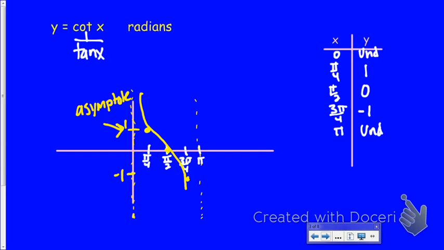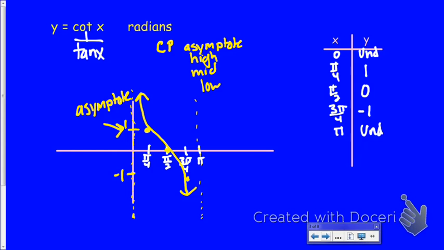So this graph is actually reflected. It's the same shape, but it's going the opposite direction. And that's just because of those exact values of our parent function. So the pattern of my critical points is that I start with an asymptote, and then I follow with a high critical point, a middle critical point, and a low one. And then I start all over again with an asymptote.